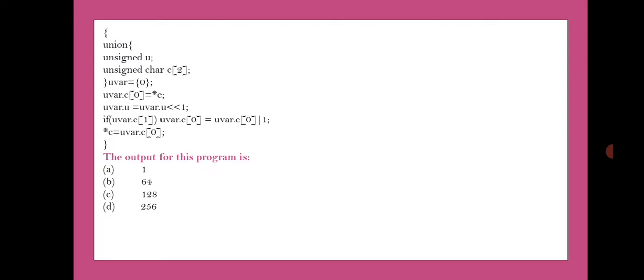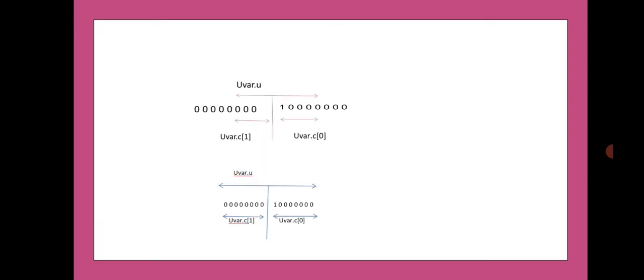So u var dot u can be represented like this. u var dot C1 is the most significant byte, and u var dot C of 0 is the least significant byte.